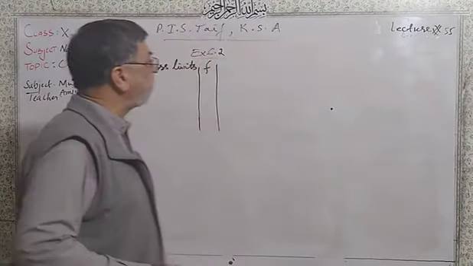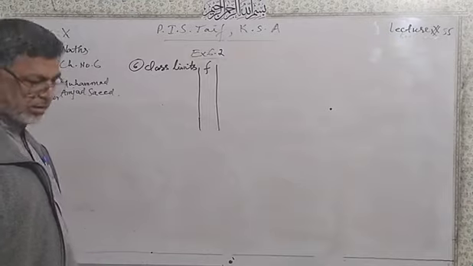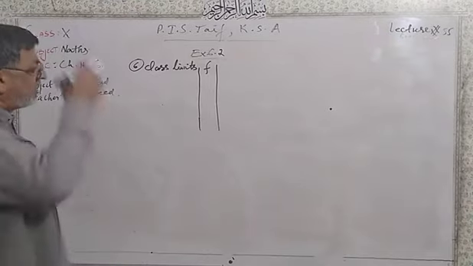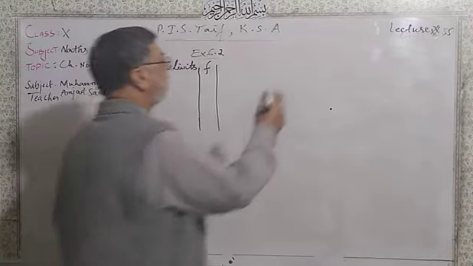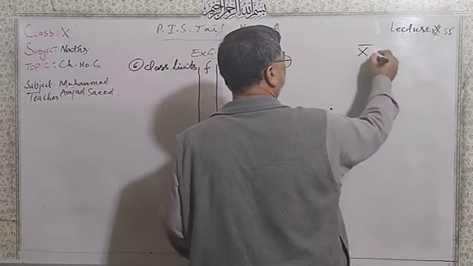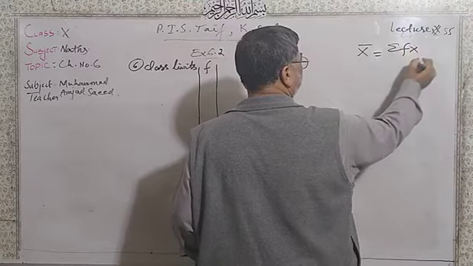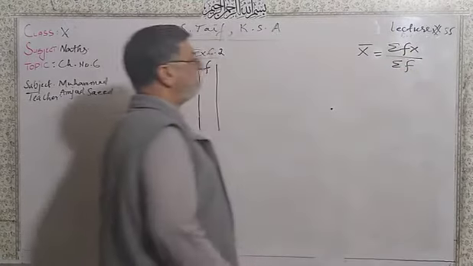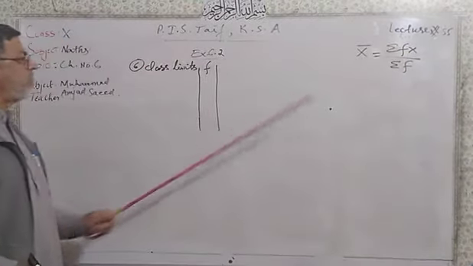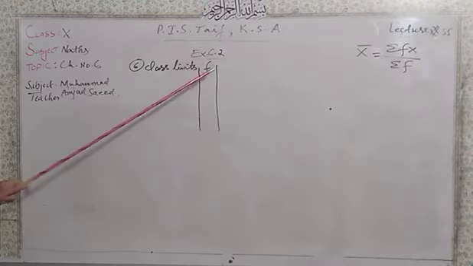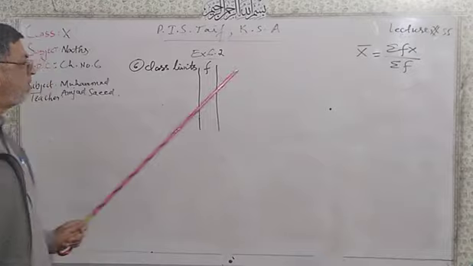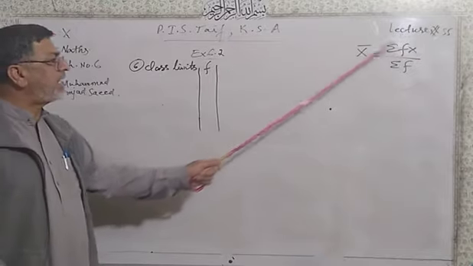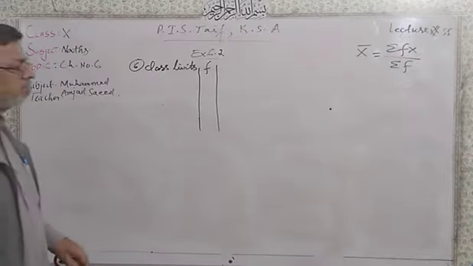Here is the frequency distribution. The formula for the arithmetic mean for group data is, first of all, you will write down the formulas. Why am I writing first? From the formula you can check which columns need to be added to your given columns. So here we need the X column, then we need the Fx column, then we add them.